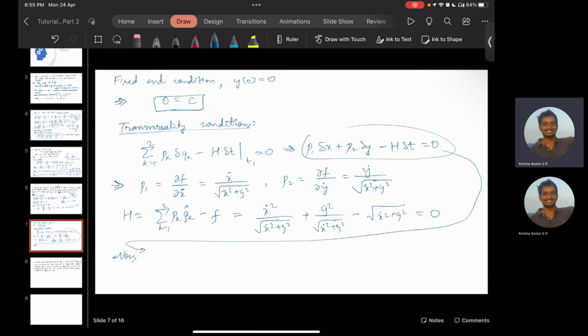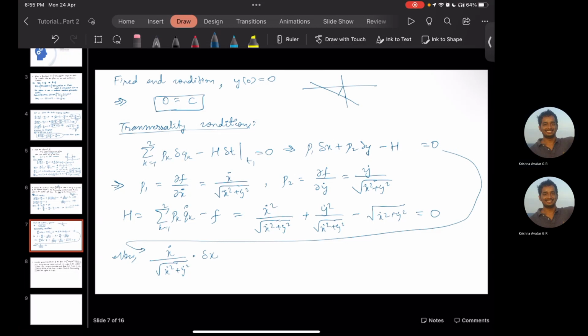So effectively, what we have from the transversality condition is that this part will come here as p1 delta x. So p1 is x dot by root over x dot squared plus y dot squared into del x. And now mind you that this del x is along the curve. So like I had drawn on the previous slide, on this lies our endpoint, in the sense that our x and y at the tip T1 are only allowed to vary on these points, or along this line.